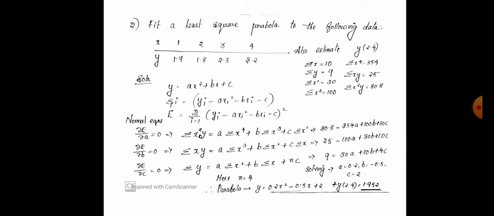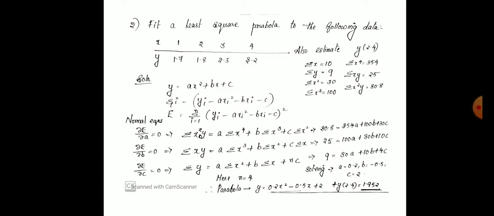And the next problem is fitting a parabola, that is, fit a least square parabola to the following data. Here the x values are 1, 2, 3, 4 and y values are 1.7, 1.8, 2.3 and 3.2. Also, we have to estimate y of 2.4. Then solution. The general equation of a parabola is y is equal to ax square plus bx plus c.